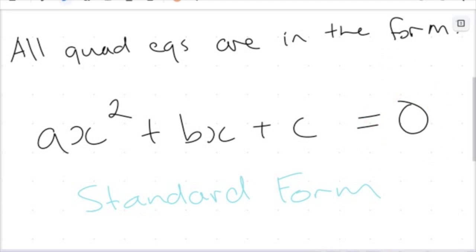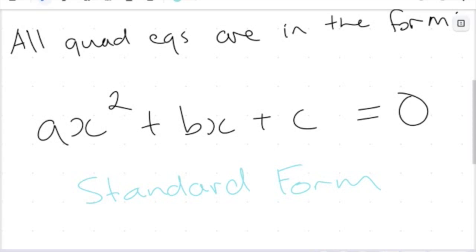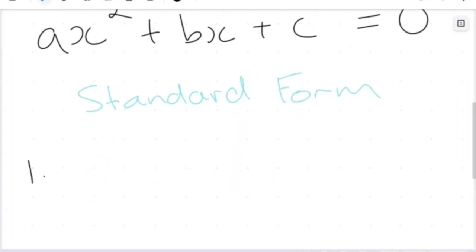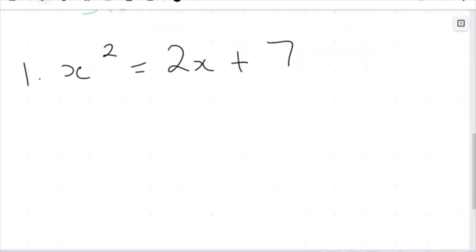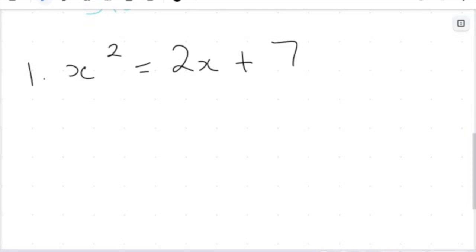So let's do a couple of questions in which we actually practice writing these in standard form. We're not even going to be doing any solving of these, just getting them to standard form. So question 1, x squared equals 2x plus 7. I want to get everything grouped on the left-hand side along with my x squared.